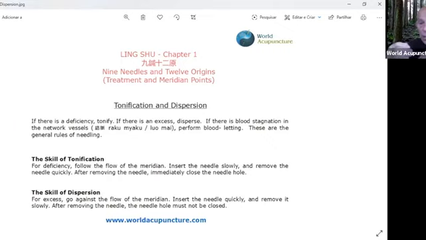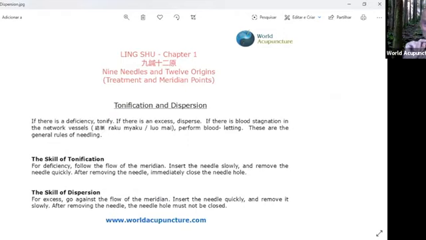And that can be done, again, through needling technique. For instance, if we had an enormous amount of heat in the stomach meridian, then we might use stomach 36, we might use stomach 44, stomach 43, depending on the symptomology and where it's occurring. In that case, we insert the needle quickly, as distinct from when we tonify, where we insert the needle slowly.